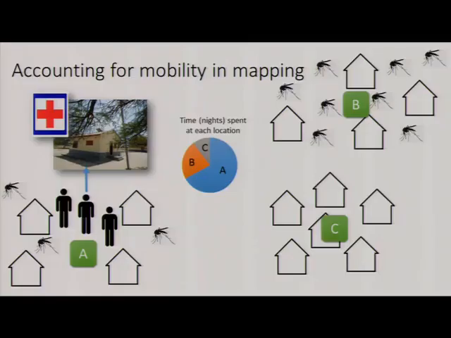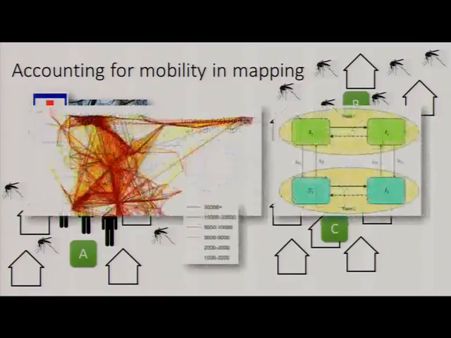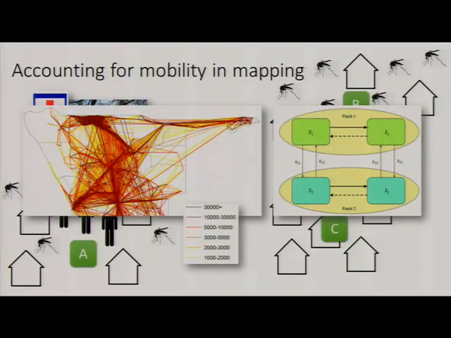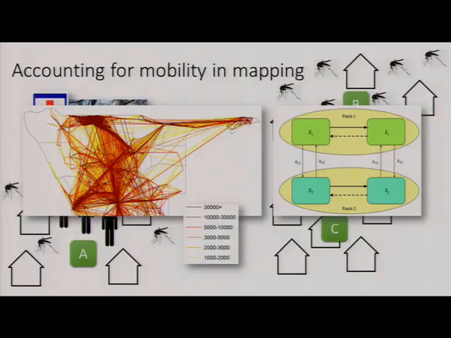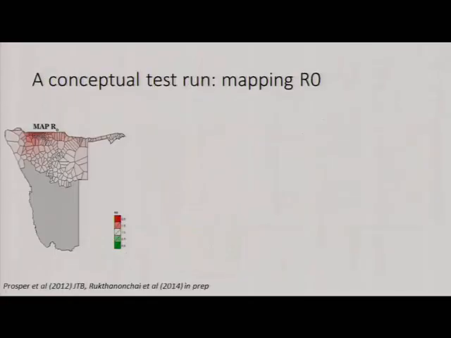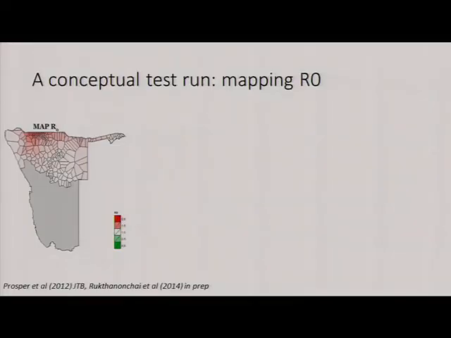So this is ongoing work led by Dave Smith and Nick Ruktanonchai, combining this mobility data from the mobile phone records with a simple multi-patch model looking at flows between those to come up with an adjustment of what may actually be going on in terms of intrinsic transmission. So this is some old data from the Malaria Atlas Project on estimates of R0.